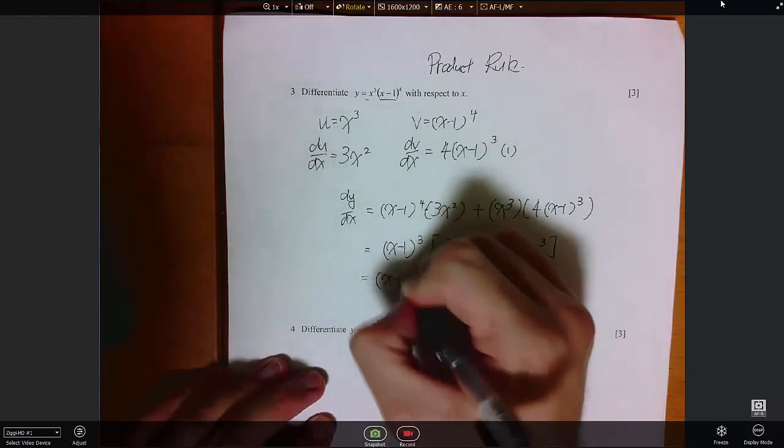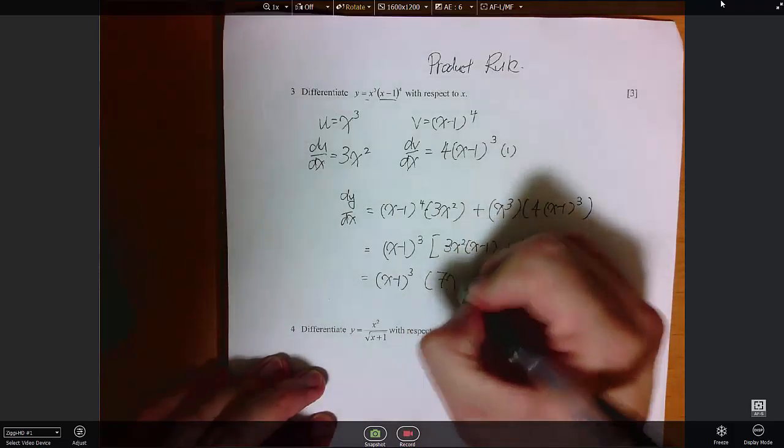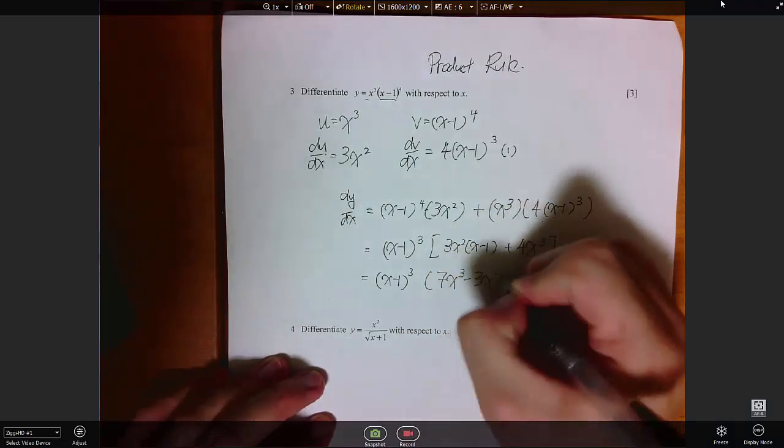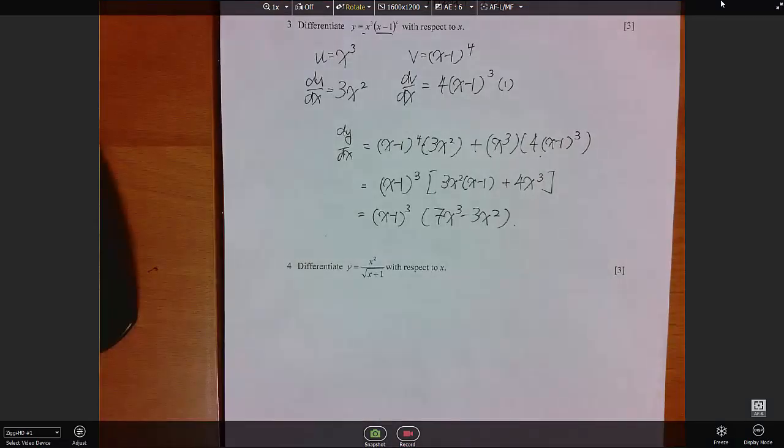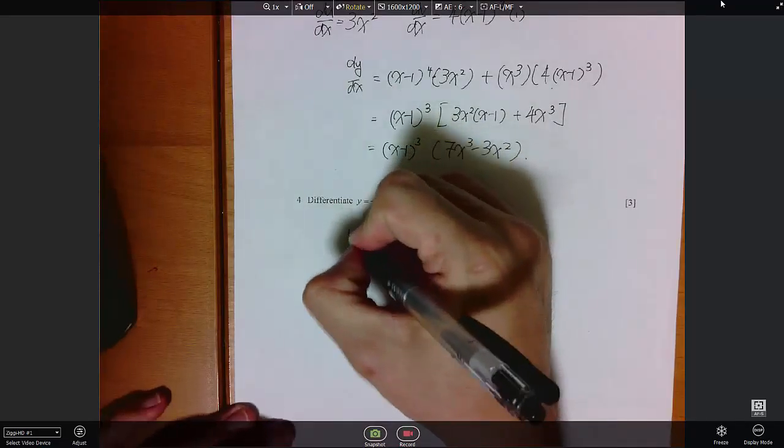And if you expand everything in the brackets, you should be left with 7x cubed minus 3x squared. And you're done with question 3. Okay, moving on to question 4. Some of you actually attempted to use the quotient rule. I will not fault you there, but I will prefer to use the product rule.